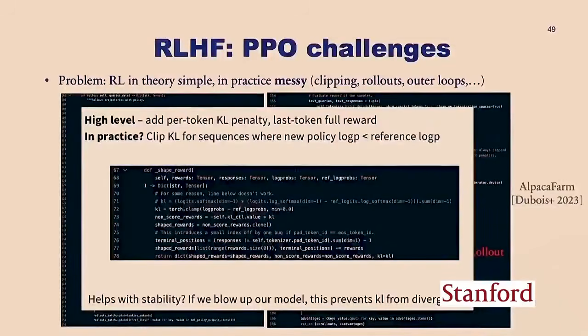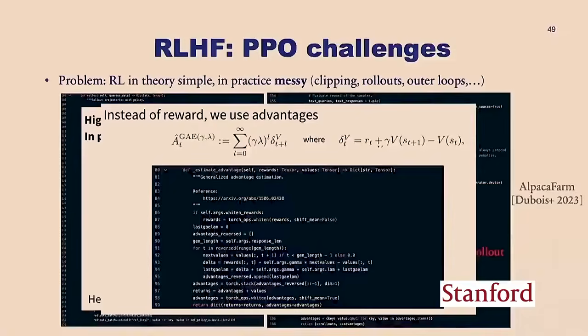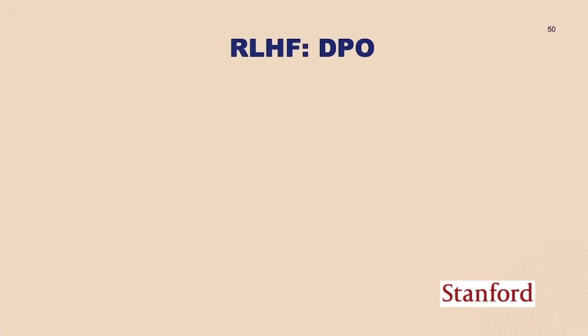We have one implementation of it that we had to do, and I'm not going to go through it. But basically, you have so much stuff that you have to think about when you implement that type of PPO algorithm. You have clipping everywhere, you have a lot of complexities, and things are not well documented. All this to say that there was a new method that was proposed also from Stanford one year ago called DPO, which is essentially a simplification of PPO.